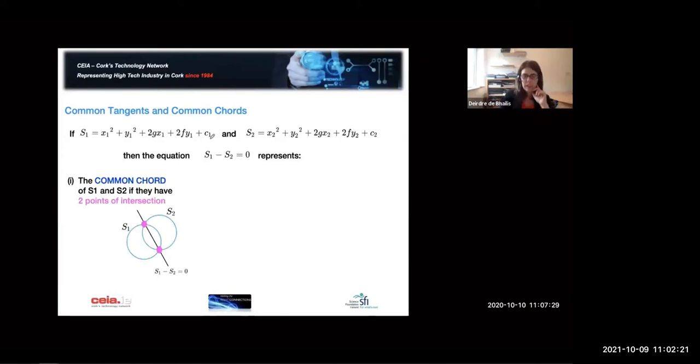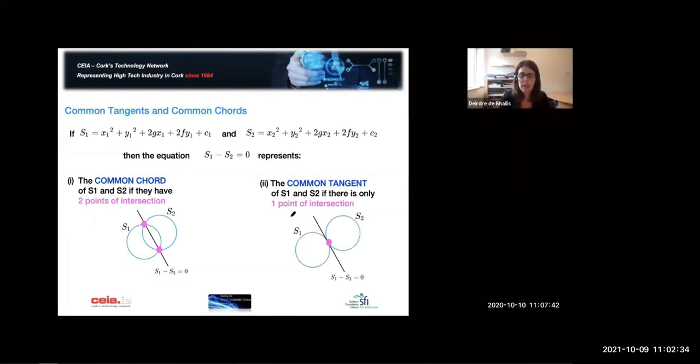So it will represent a common chord if they have 2 points of intersection. That's what a chord is to the circle: a line that cuts the circle at 2 points. It will represent the common tangent if there's just 1 point of intersection.